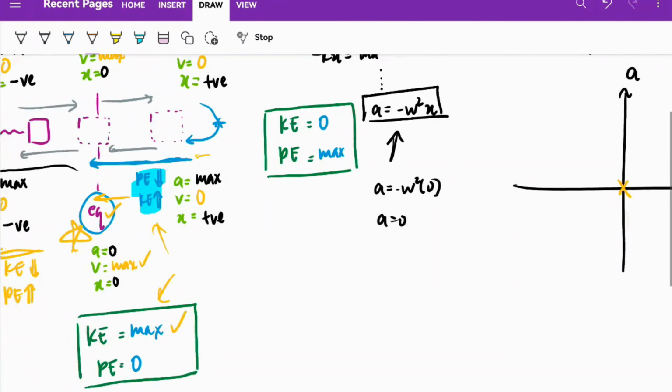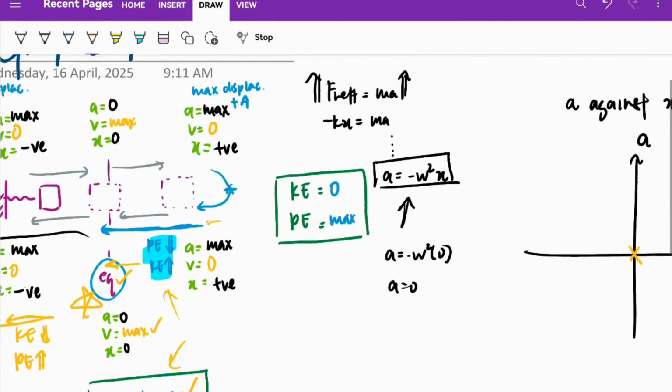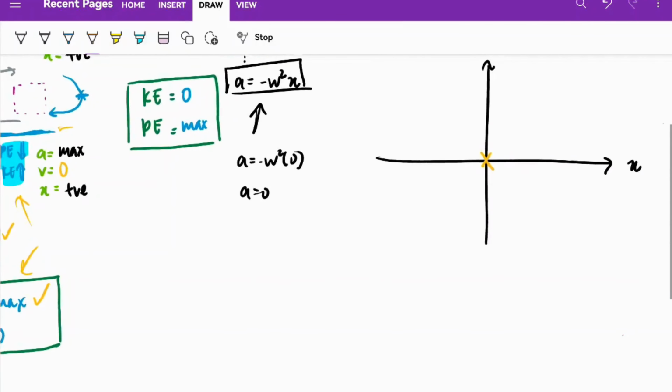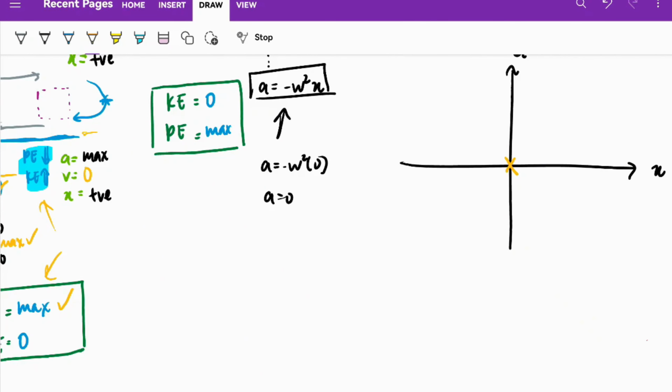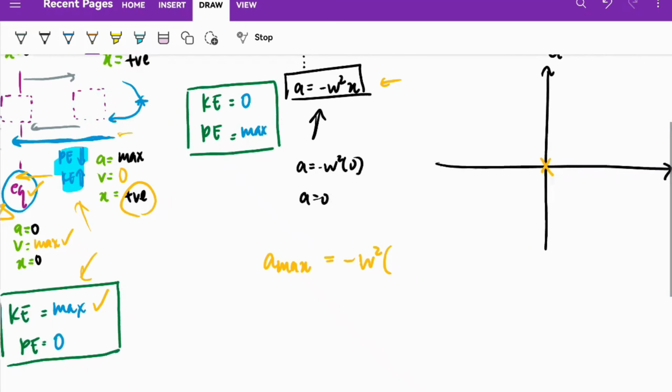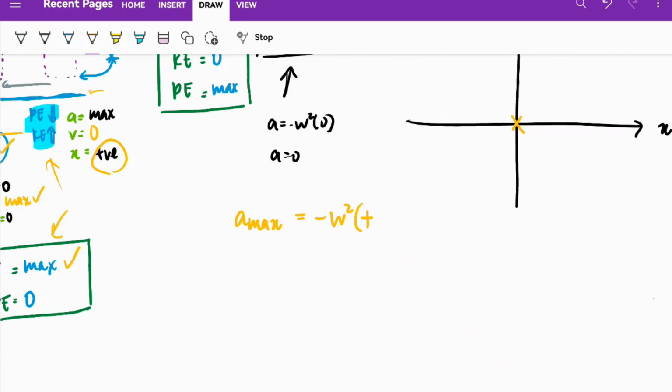Now, at maximum displacement, what will your acceleration be? Let's substitute some values into the equation. We know that at maximum displacement, it has maximum acceleration, so I put A max here. Negative omega squared is constant, of course, times X. At maximum, my X is positive, so let me put positive X naught.